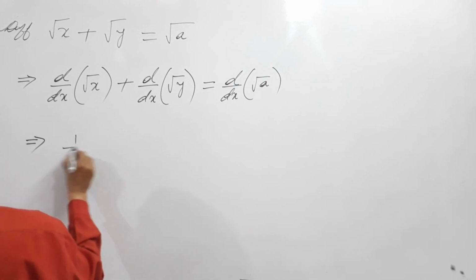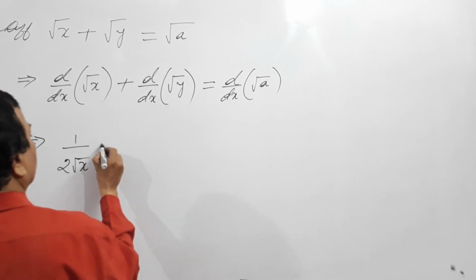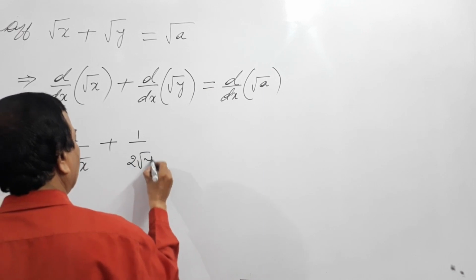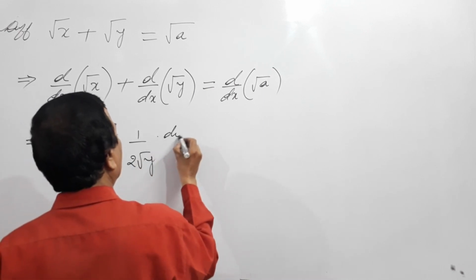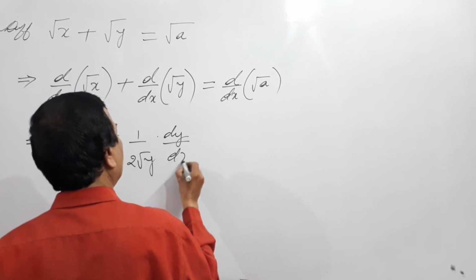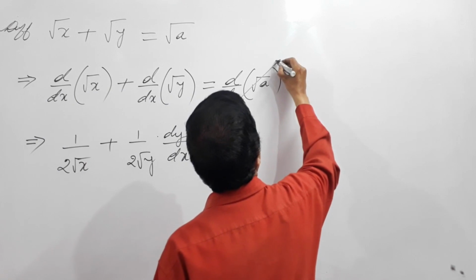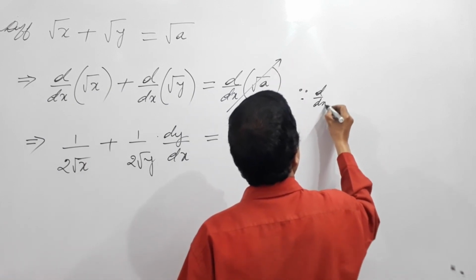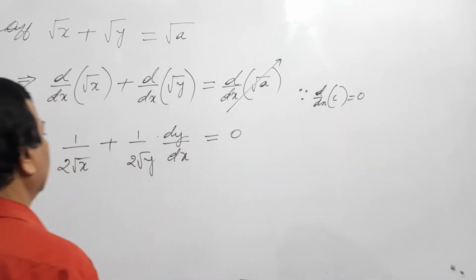This is half root x plus half root y into dy by dx. Constant is 0, so this becomes 0, since d by dx of a constant equals to 0.